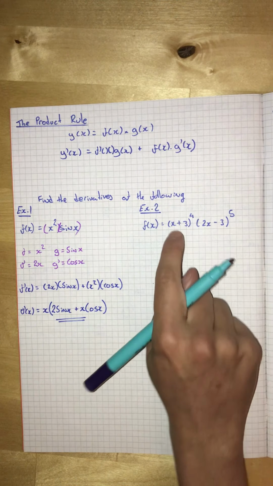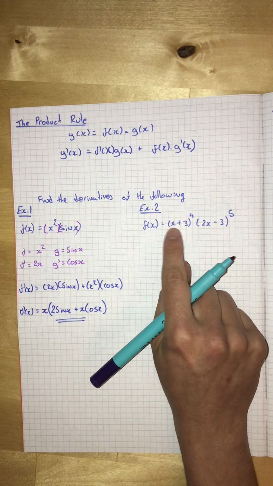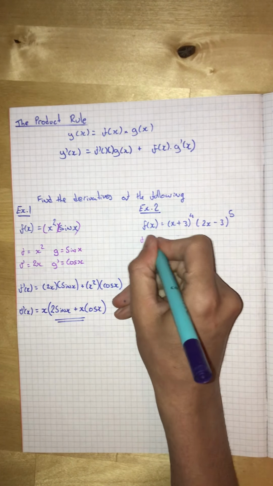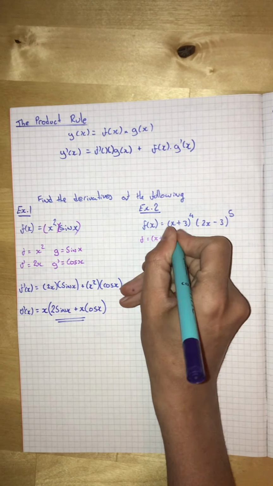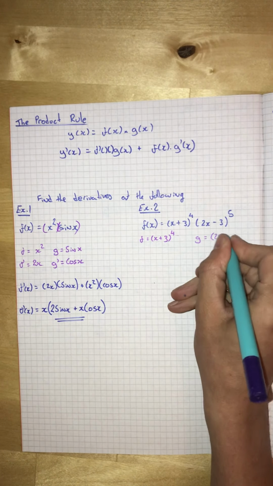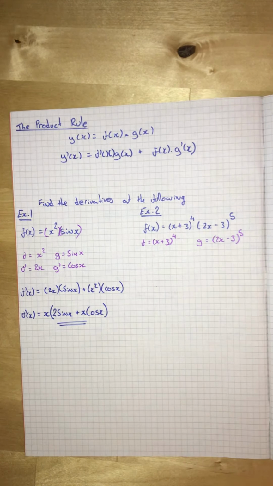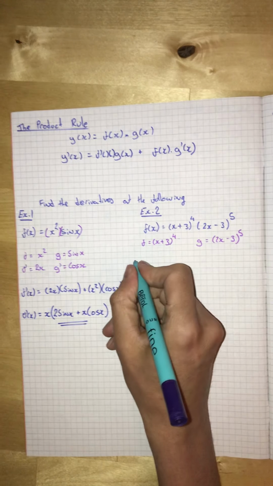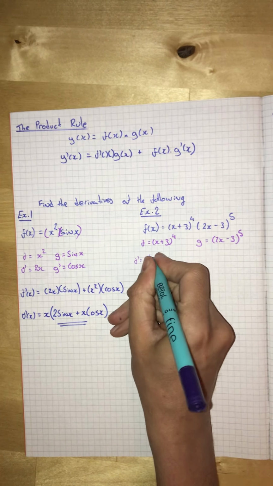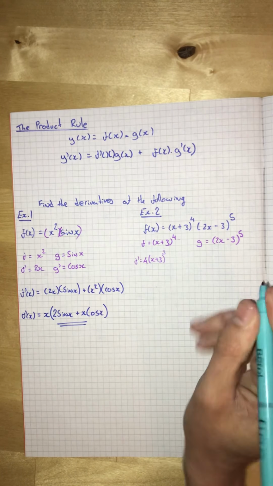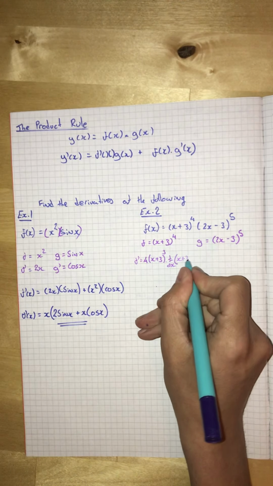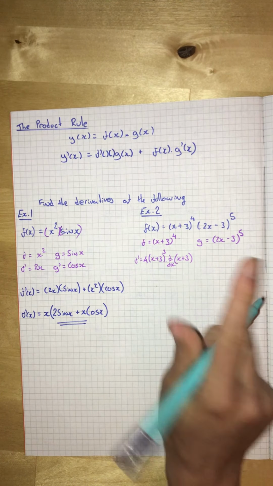So let's do another one. You can see the first function here is (x plus 3) to the power 4. And then the second function is (2x minus 3) to the power 5. So let's differentiate them. So we've got 4 times (x plus 3) cubed times the derivative of what's inside the brackets. The derivative of what's inside the brackets is just 1.